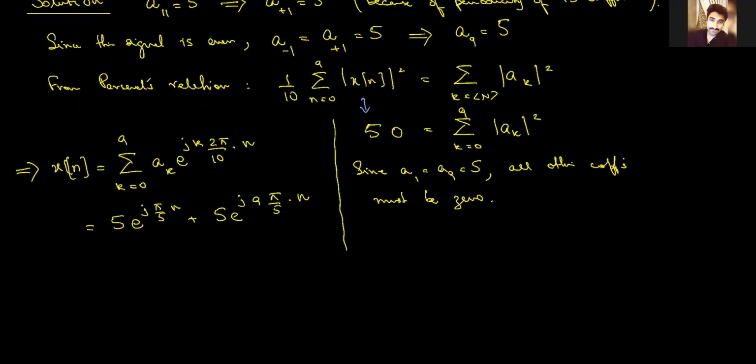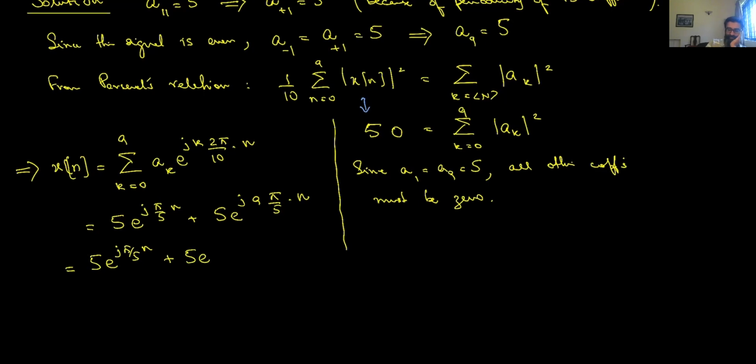So 9 pi by 5, I subtract 2 pi, which is 10 pi by 5. So 9 pi by 5 minus 10 pi by 5 is minus pi by 5. Everything is consistent here.